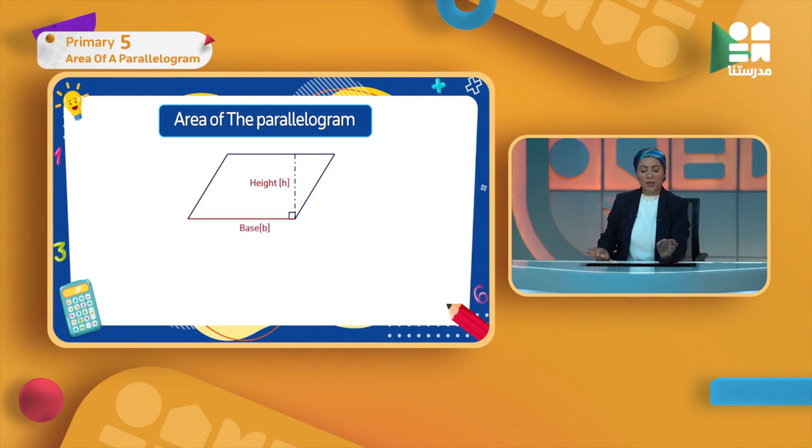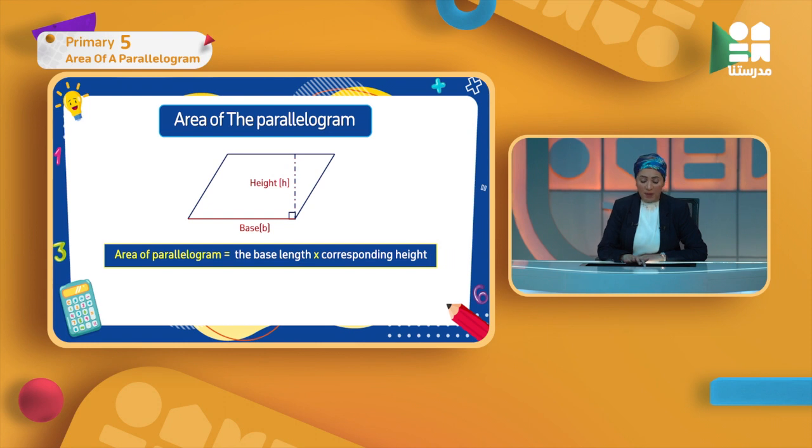Because in the parallelogram I don't care about dropping the height from a vertex; I drop it from a side to the opposite one. So here the area of a parallelogram is the length of the base times the corresponding height, or the height times the corresponding base.